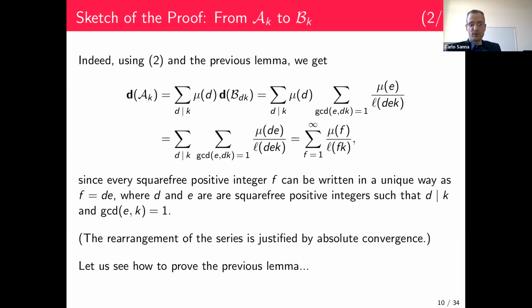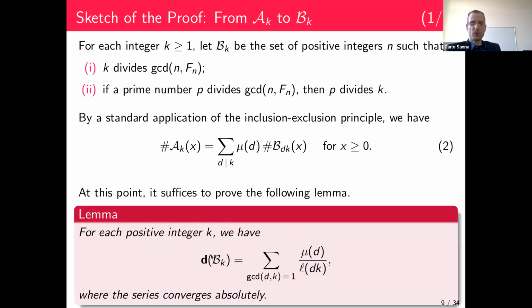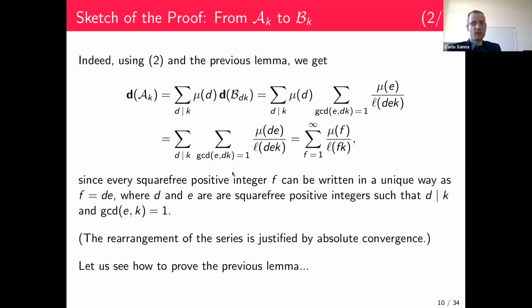Why is it sufficient to prove this lemma? Because this lemma, together with equality 2, gives the main result. Indeed, here are the details, but it's just a matter of switching two sums, using essentially the fact that these series are absolutely convergent, and so one can do the switch.